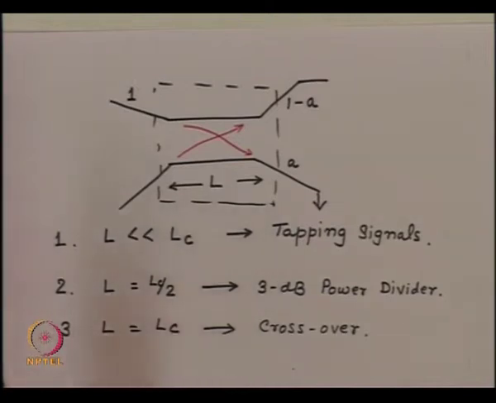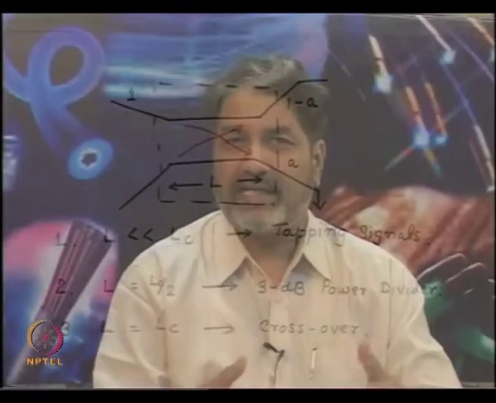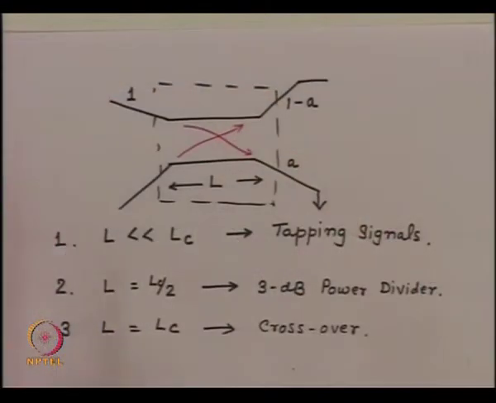Now let us say we make this directional coupler on an electro-optic material like lithium niobate. If we do that, then we can change the refractive index of the material by application of the electric field. If the refractive index of the material is changed, then as we saw earlier, the coupling coefficient, which is a function of the refractive index of the channel waveguide and the surrounding medium, will change.